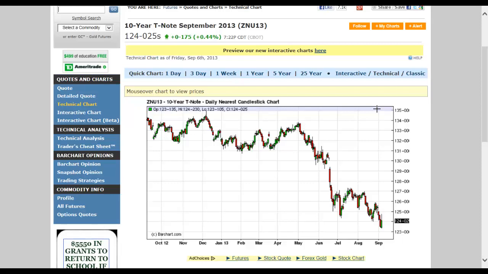Now, the interest rate markets are the absolute center focal point of all economic asset classes, whether it be stocks, commodities, currencies. It doesn't matter. The interest rate market is what drives rates and moves everything around. You can argue with me all you want, but I'm going to tell you that's the case.